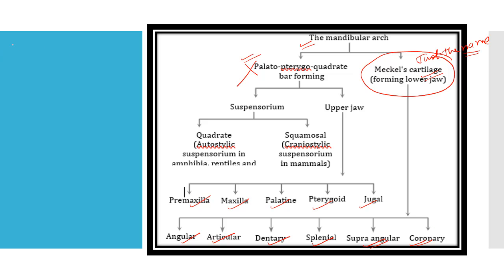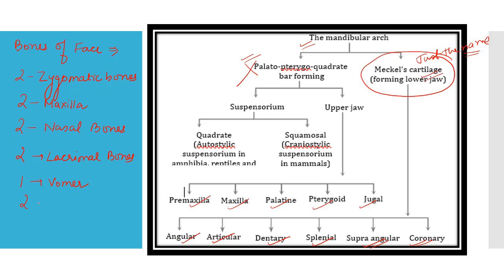Now the bones of face. 14 bones in the face: 2 zygomatic bones, 2 maxilla, 2 nasal bones, 2 lacrimal bones, 1 vomer, 2 palatine bones, 2 inferior nasal conchae, and 1 mandible.